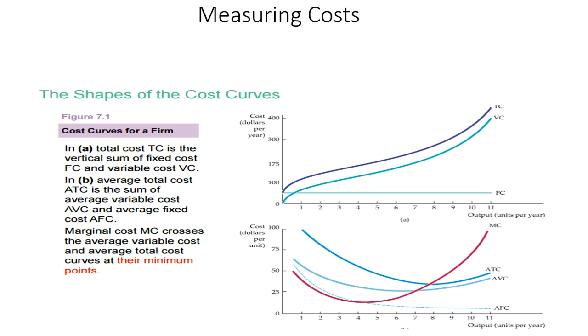Okay, how about the marginal and the average? Here there's drama. So the first thing that we should start with is maybe the marginal cost. Marginal costs will always take this shape.